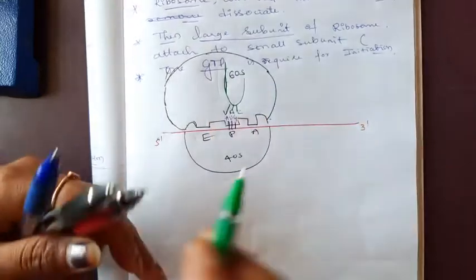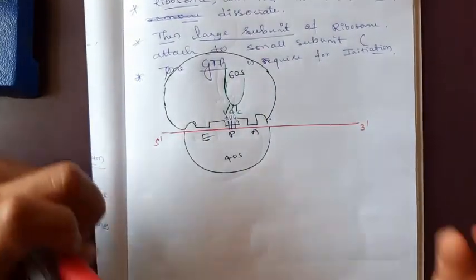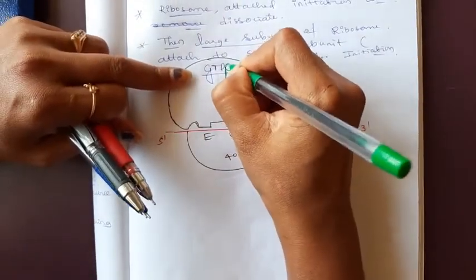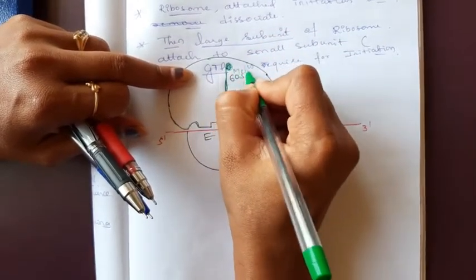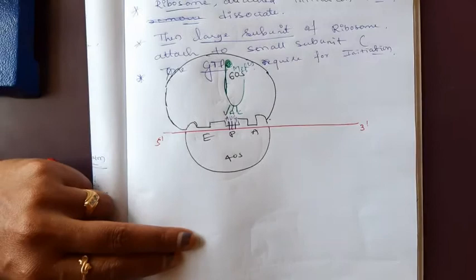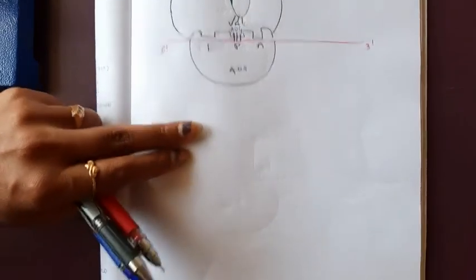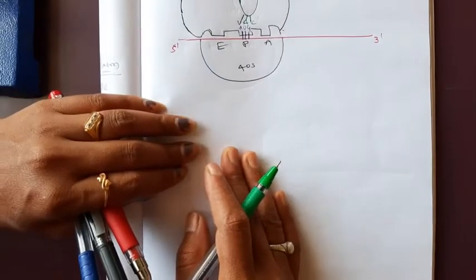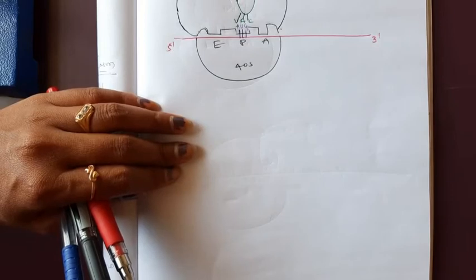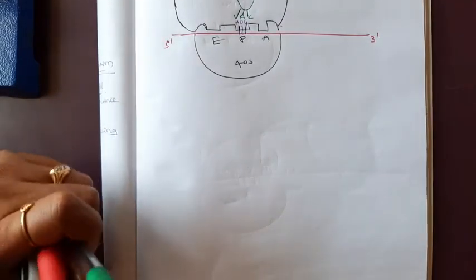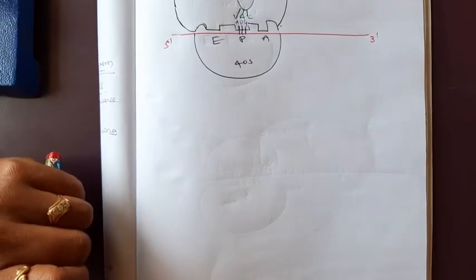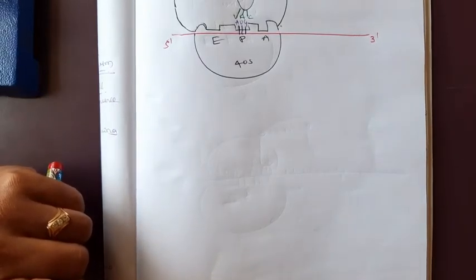Means AUG means this tRNA must carry the methionine amino acid, that is known as the charged tRNA. Okay. This is the initiation process of translation. In the initiation, 2 subunits are joined, the tRNA is charged and binds to the initiation codon.